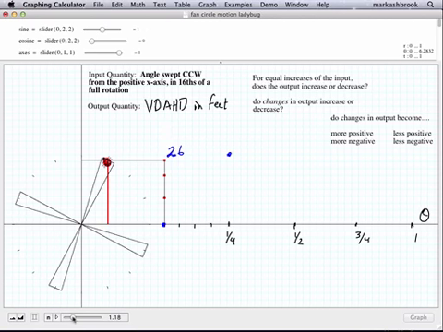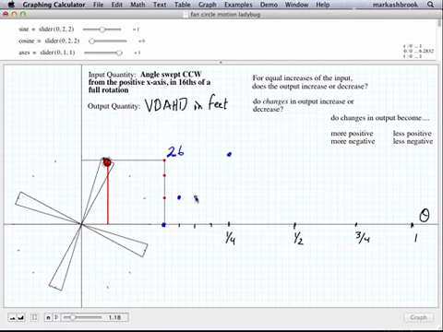Agree with that? Yep. The vertical distance is increasing in this first quadrant, but you see those changes in vertical distance, each change is decreasing. So, do we get a straight line from here to here? No, the first change is the greatest.